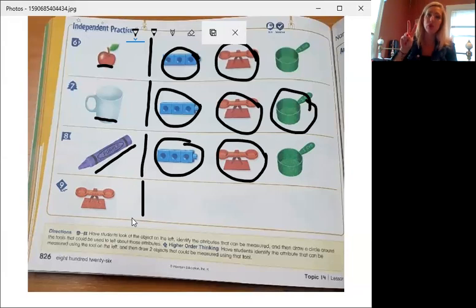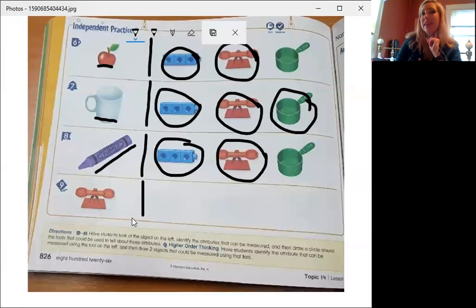So we are going to draw two things that we want to measure on the scale. Something heavy, something light. You can choose any two things that you want. Let Miss Kaylin think about what she wants to draw. I think I would like to put a book on the scale and a tiny little marble.